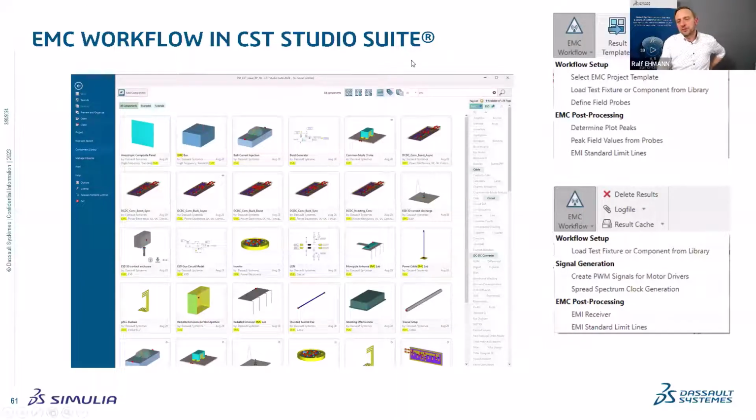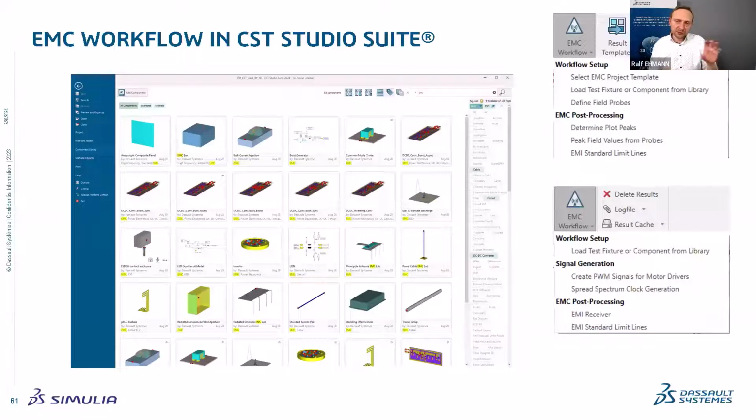Also, to bring most of the EMC functionality together, we have, I think in the last CST release, introduced the so-called EMC workflow button. You see also all the post-processing functionality, the functionality to define the different field probes. They are all collected into the EMC workflow button. Also the possibility to create PWM signals, which I have used for the inverter spectrum, and the EMI receiver post-processing, the limit lines, they are all connected under the EMC workflow button.